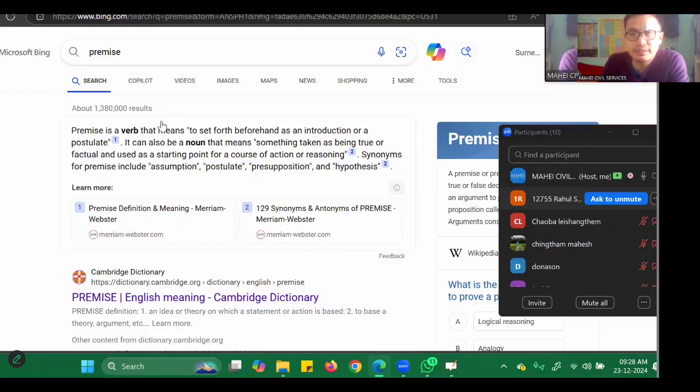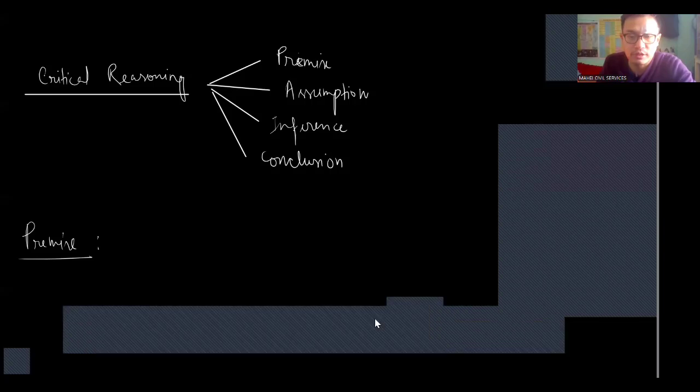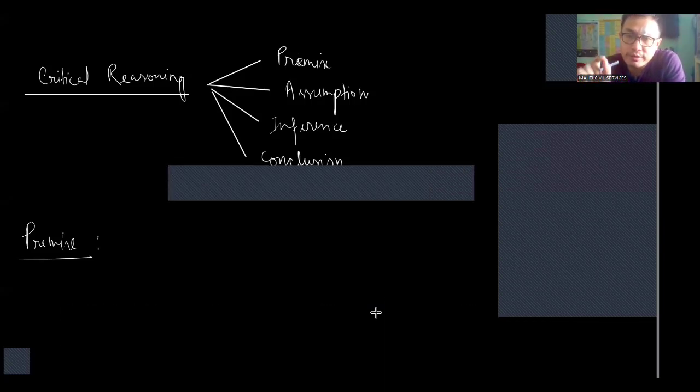So in critical reasoning, we have the logical conclusion, and given a passage we need careful evaluation of the data. Then again, in the passage we look for the assumption, inference, conclusions, and premise.